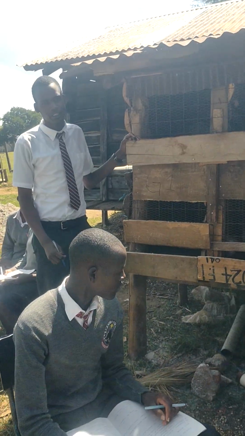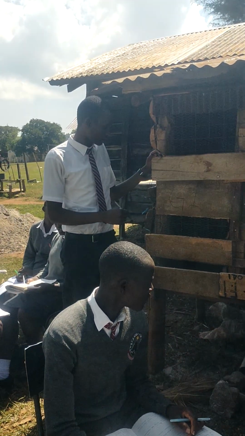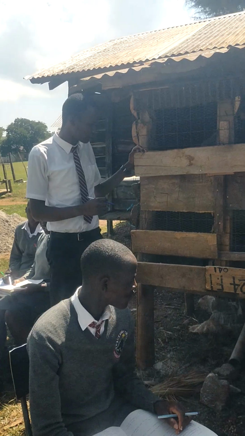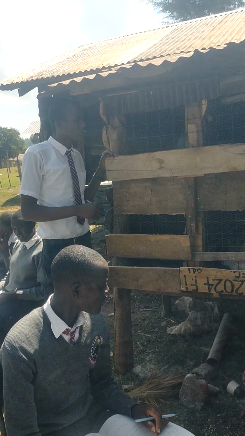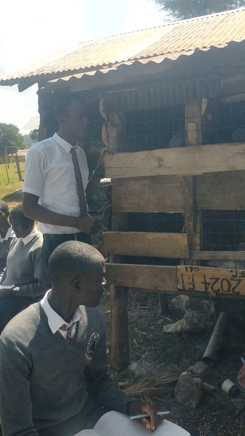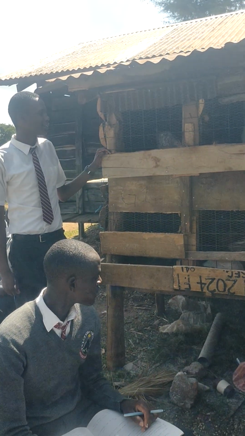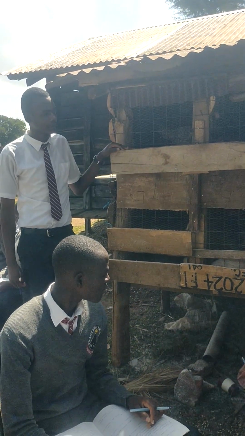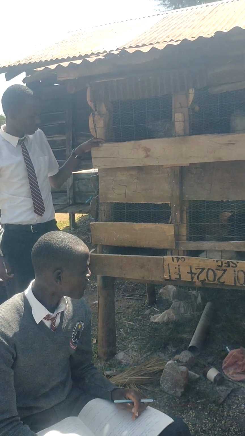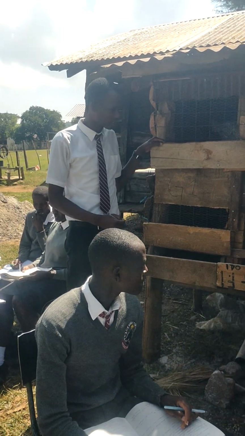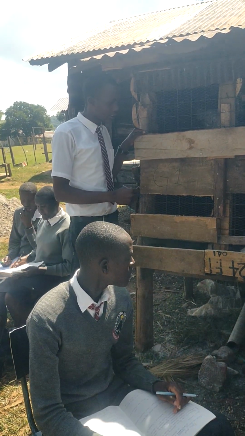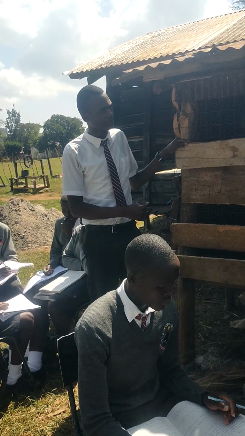Another one is when you give little food and water, it causes stress. You may control this stress by giving them enough food and water. Then you vaccinate the chicks and all birds in the poultry.